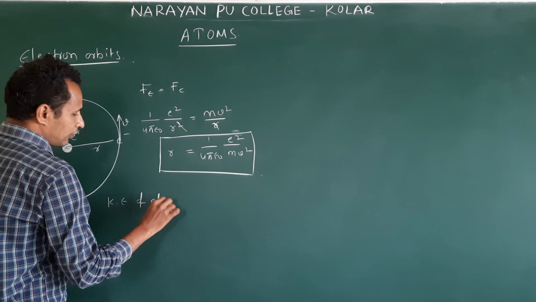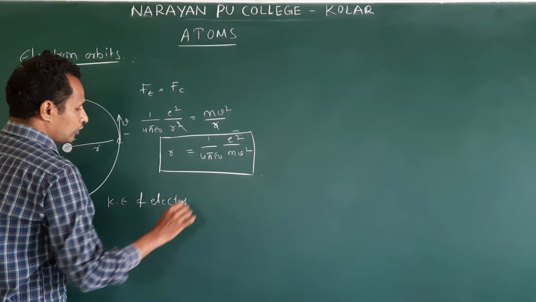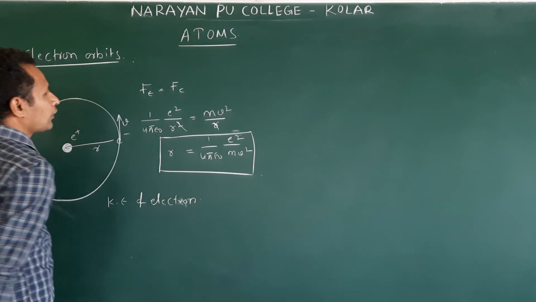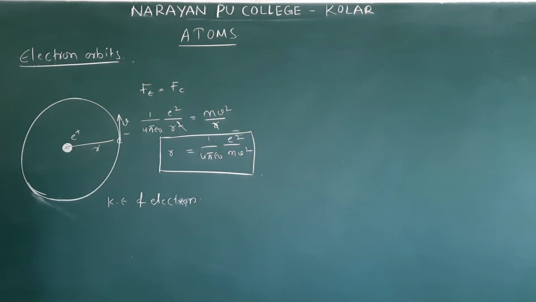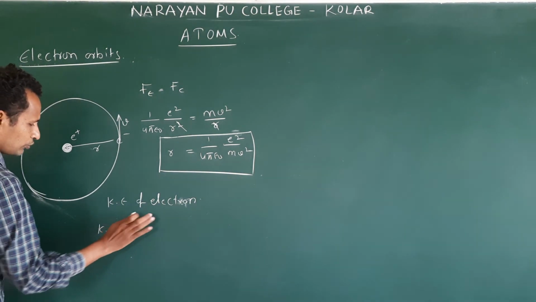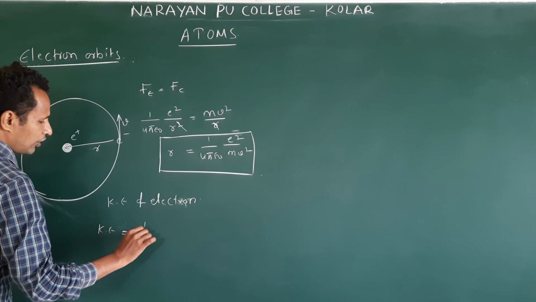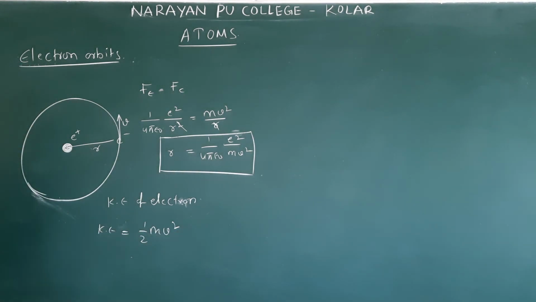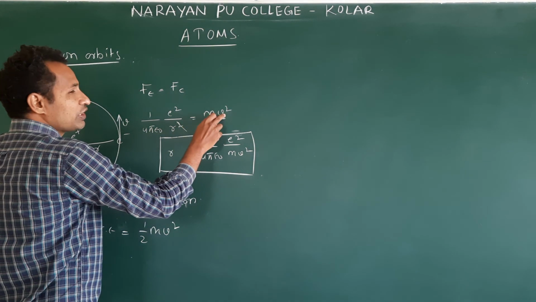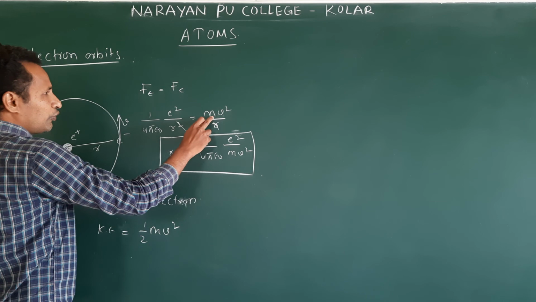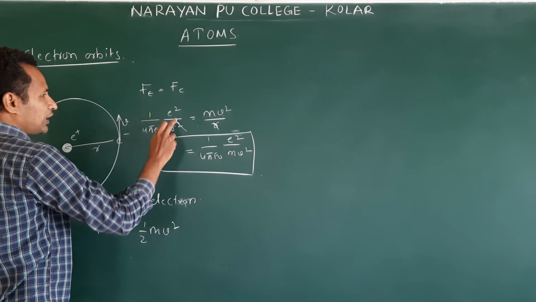KE is equal to half mv square, right? From this we already have mv square. So what is mv square? 1 by 4 pi epsilon naught, e square by r.